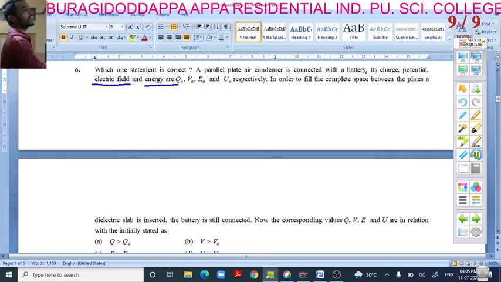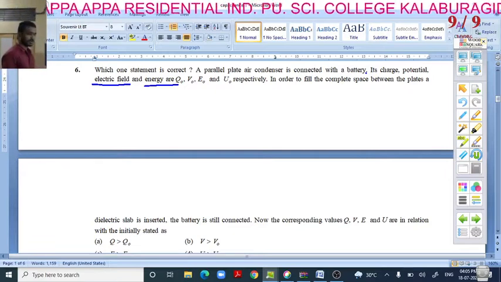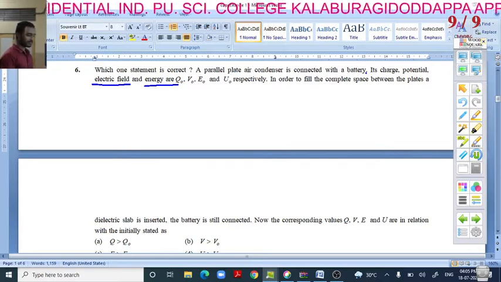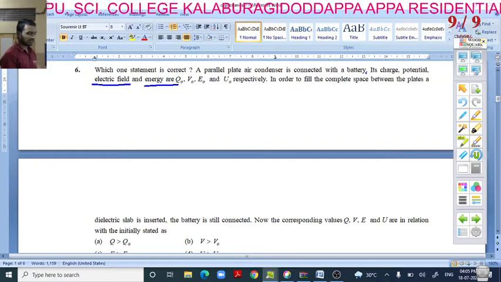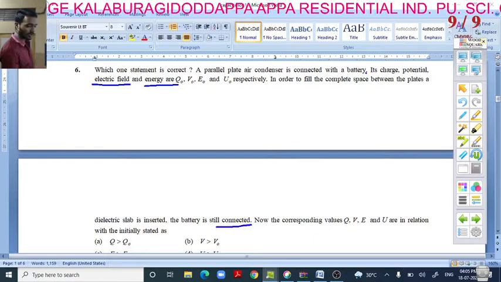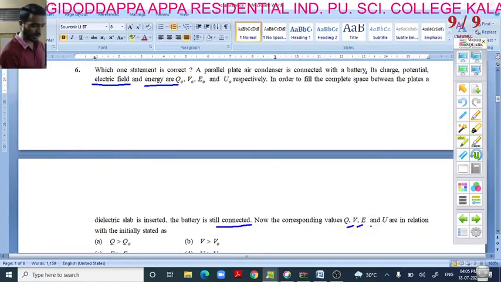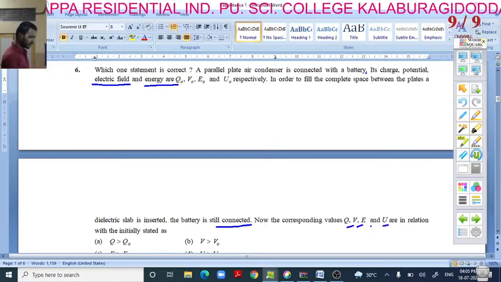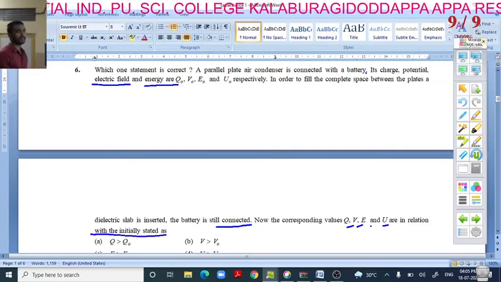In order to fill the complete space between the plates, a dielectric slab is inserted. The battery is still connected. Now the corresponding values of Q, V, E and U are in the relation with the initially stated as.